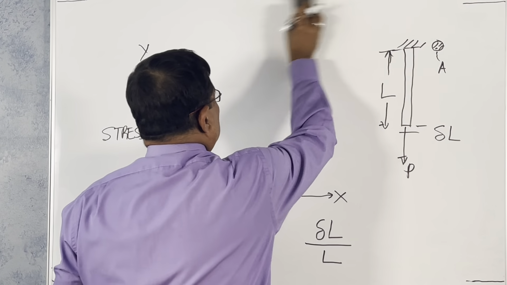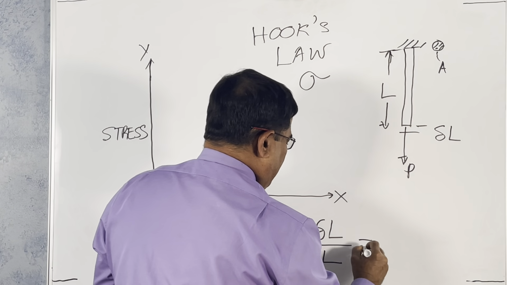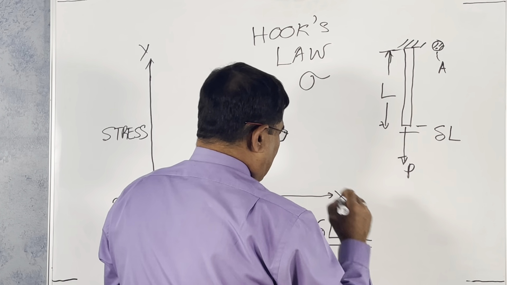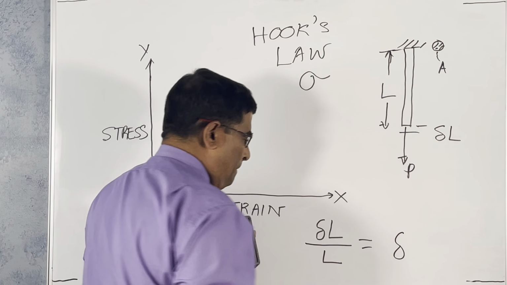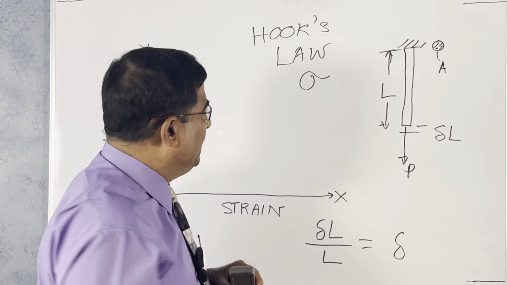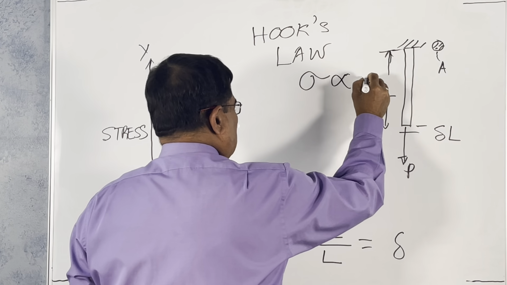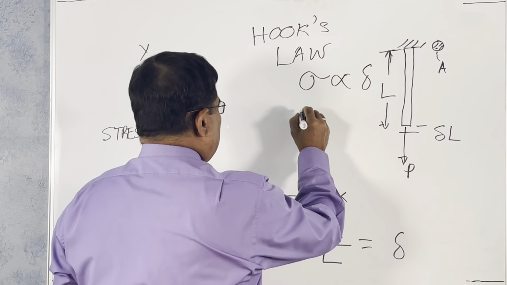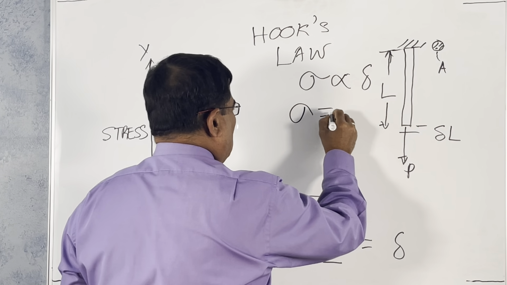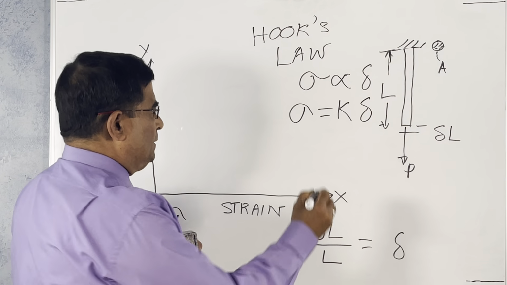If you call sigma the stress, and strain is delta, sigma is proportional to strain, or you can write it like this: sigma equals K times delta.